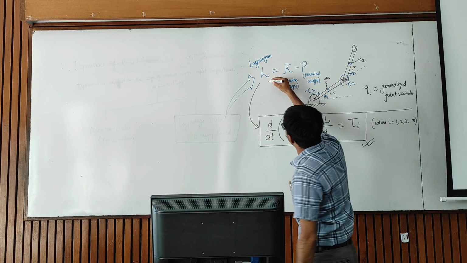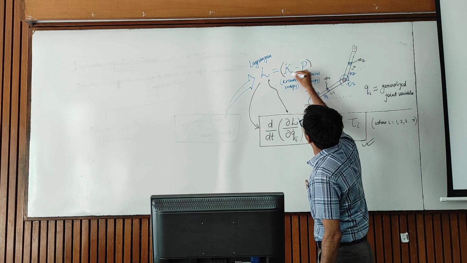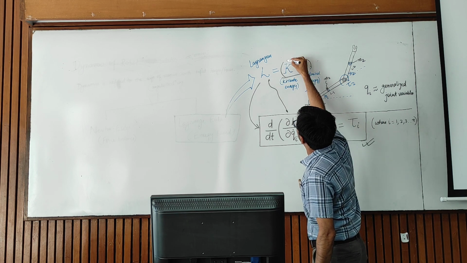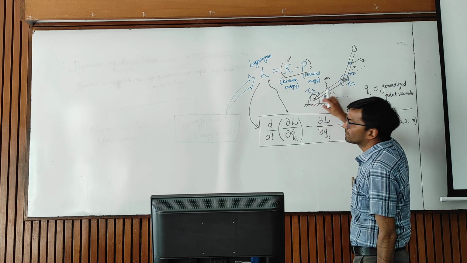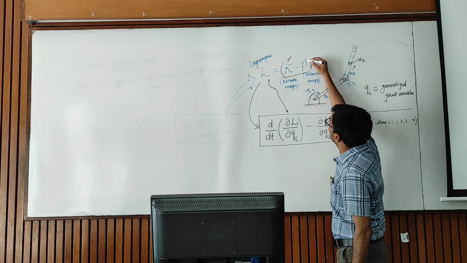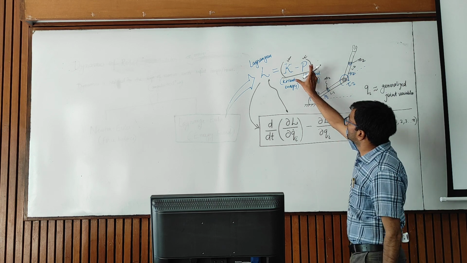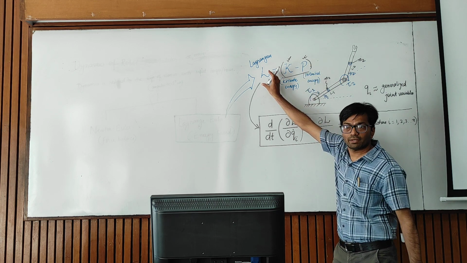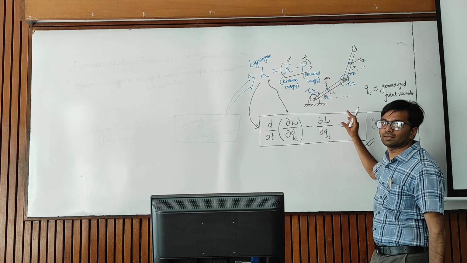So this Lagrangian is made up of these two quantities, K and P. We have to find the kinetic energy of the first link as a system and the potential energy of the first link as a system. Then I subtract them, and that would be my Lagrangian, which is input into this equation, and we get one dynamical equation.